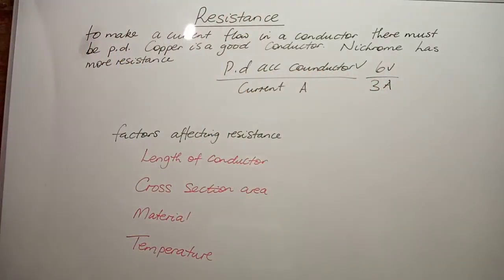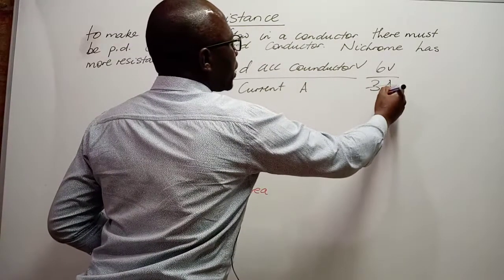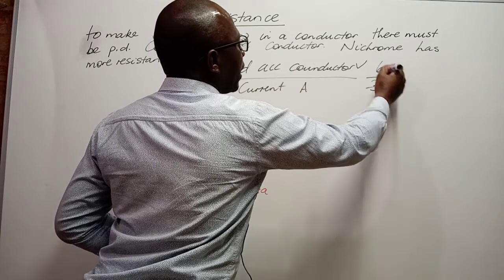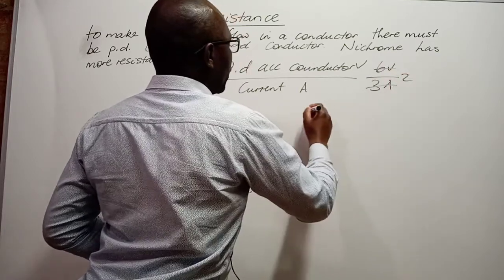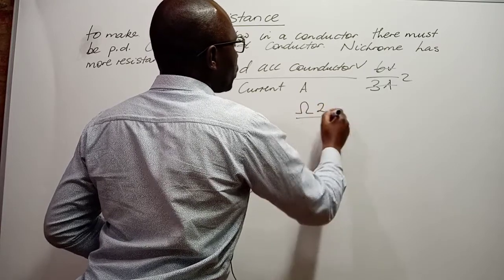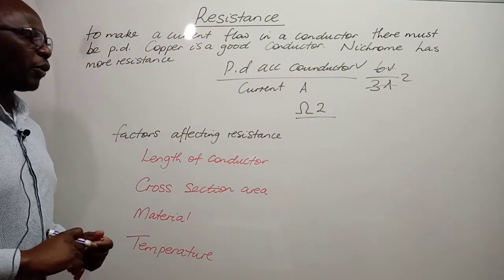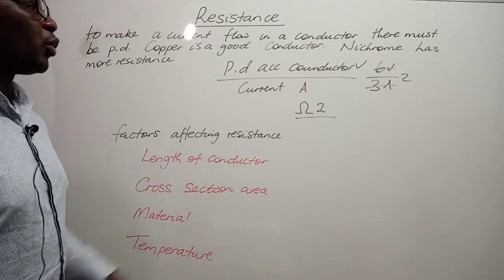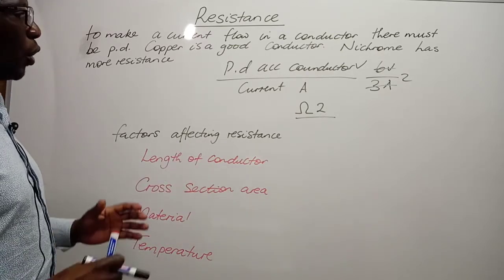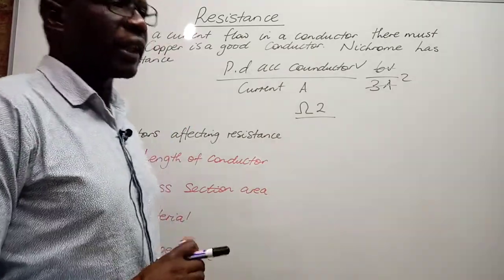So that is the formula that we use to calculate resistance. We simply say 6 divided by 3, so our resistance will be 2 ohms. The unit of measurement for resistance is ohms. That is how we calculate resistance, right?